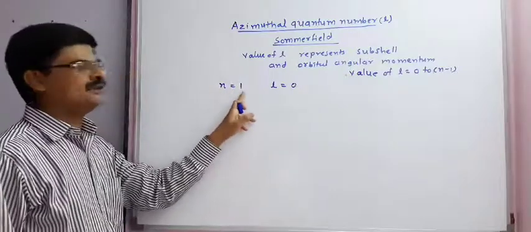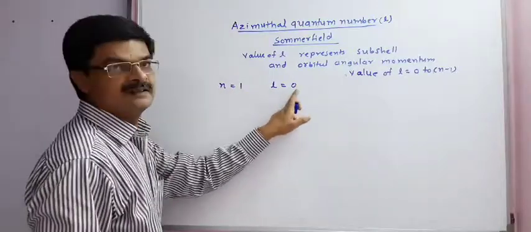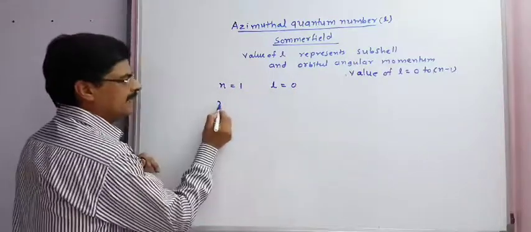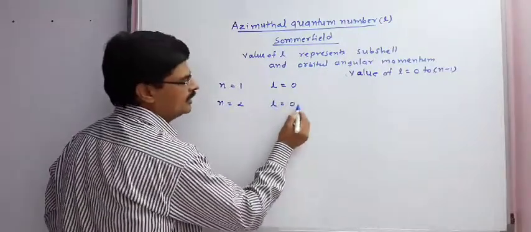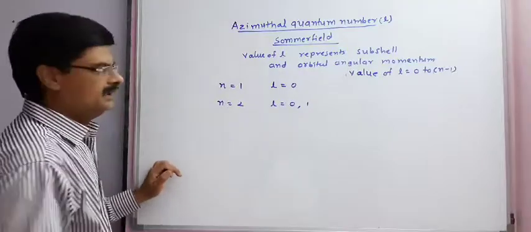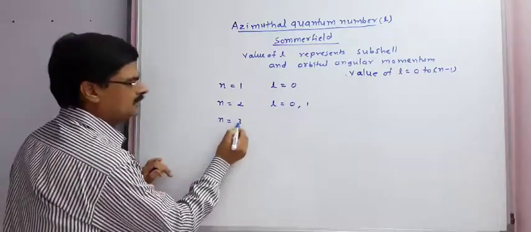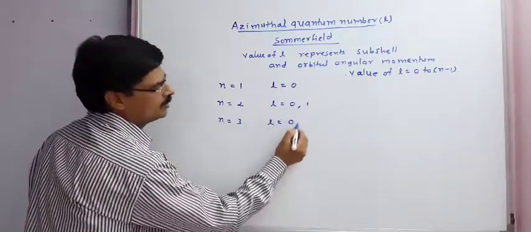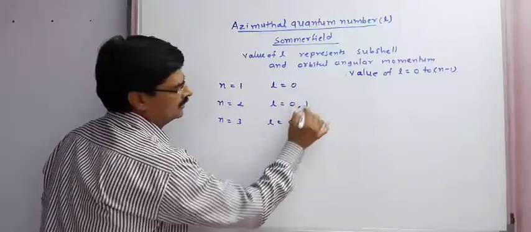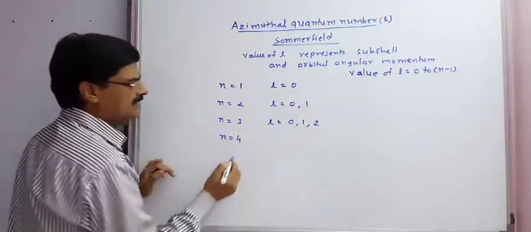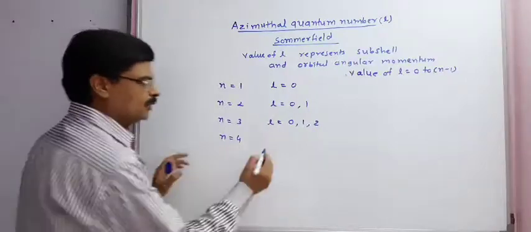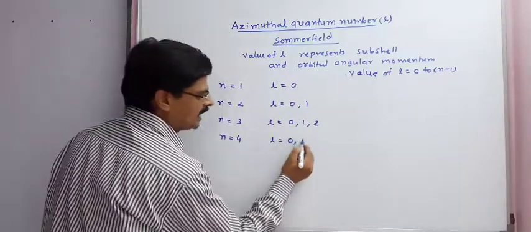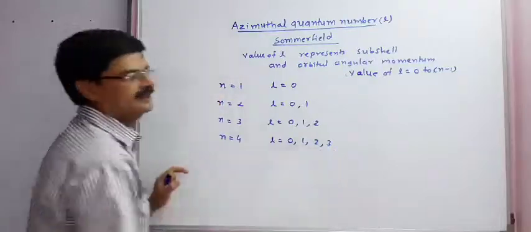So if n is equal to 1, we get l is equal to 0. If n is equal to 2, then l is equal to 0 and 1. If n is equal to 3, then value of l is equal to 0, 1 and 2. And if n is equal to 4, then l values are 0, 1, 2 and 3.